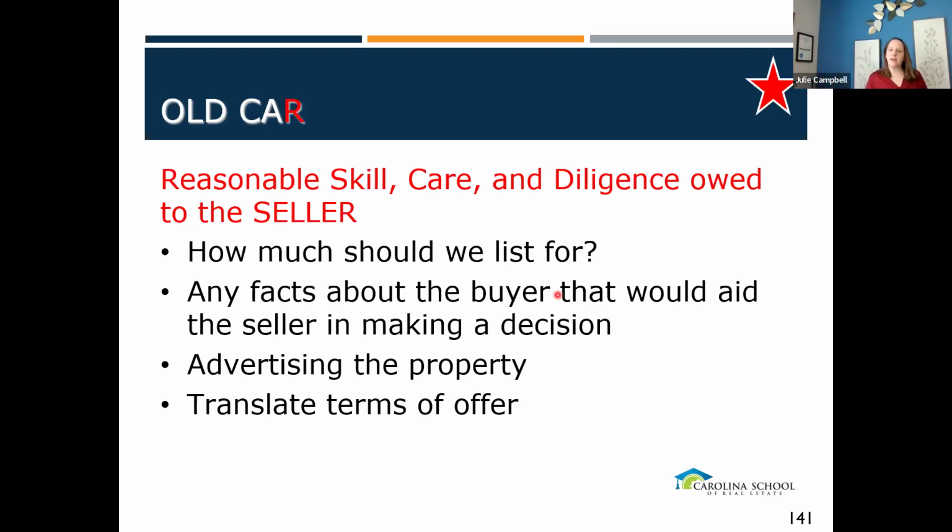Also, with sellers, anything about the buyer that would affect the seller's decision. For example, we already said, if we know the buyer's pre-approval letter is more than what they're offering, reasonable skill, care, and diligence says, I need to share that with my seller. Now, I have no guarantee that the buyer will pay more than what they're offering. But remember, I'm providing the facts.